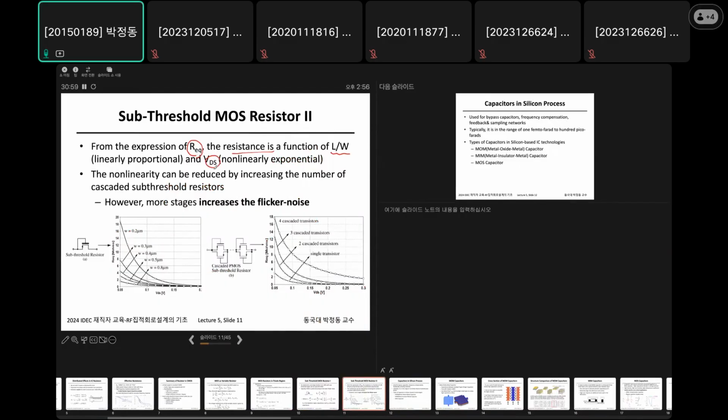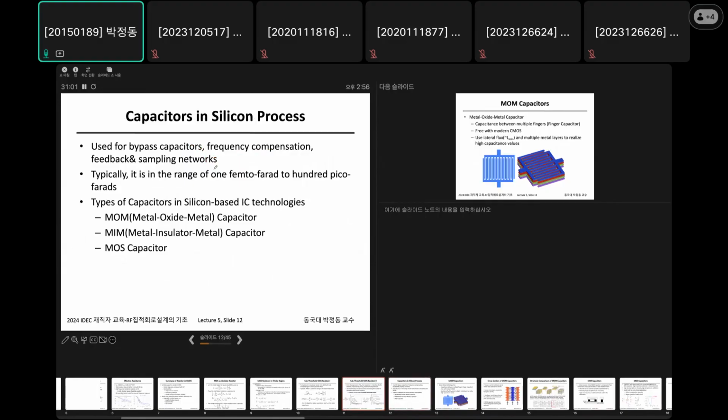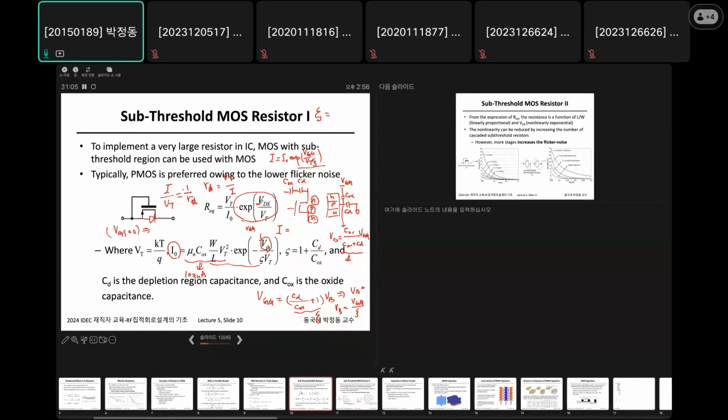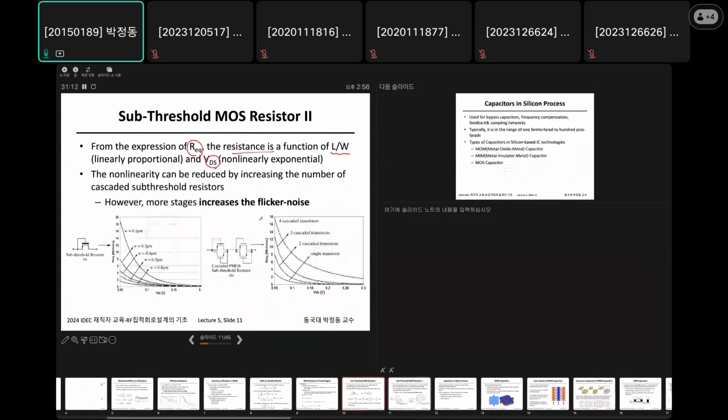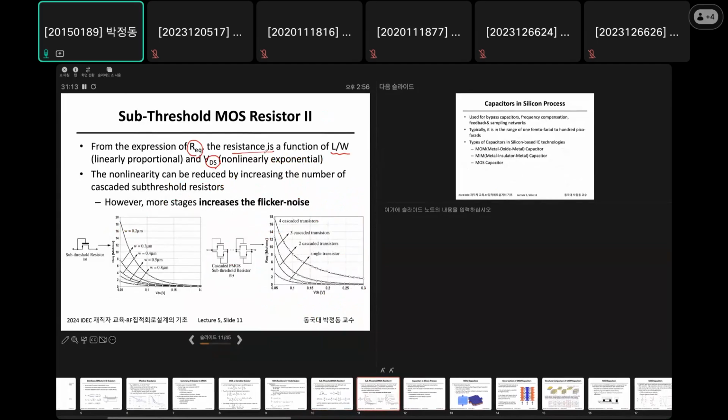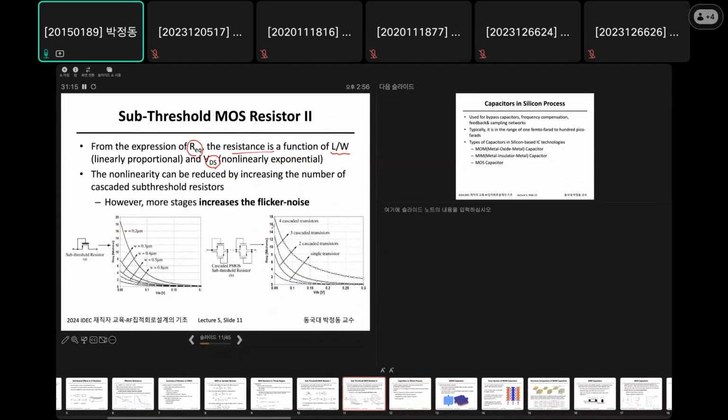As VDS increases, since this is a minus VDS, Req decreases quite a lot, exponentially.